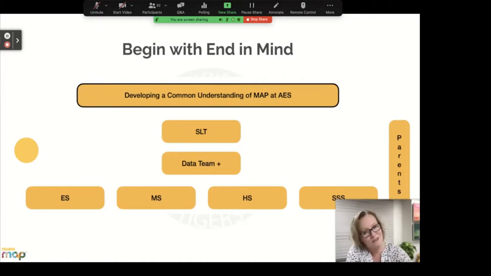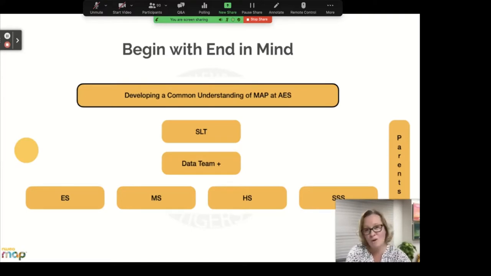Now, after working with the senior leadership team, we did a deep dive with the AES data team. The data team really dug in deep into the different metrics that come out of the MAP assessment, and we found that we wanted to be focusing on growth. Now, after the data team, we've been meeting with each of the divisions. The elementary school teachers, the middle school teachers, and the high school teachers have all had conversations around MAP so far this year, which we'll continue to have.